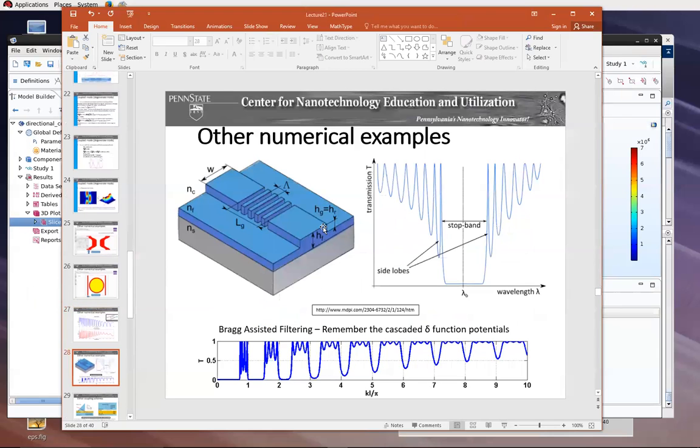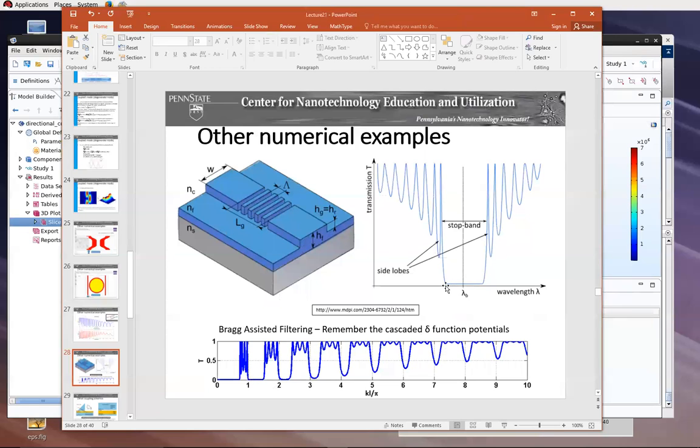All right, so let me see if I have any other. Yeah, maybe I can also talk a little bit about this one too. I did not run a simulation about this, but just like the delta function potentials, if you remember, if you just cascade a couple of these defects, the openings here inside the waveguide, we will see that just like in the case of n times cascaded delta potential functions for the quantum waves, we see the appearance of stop bands here as well.